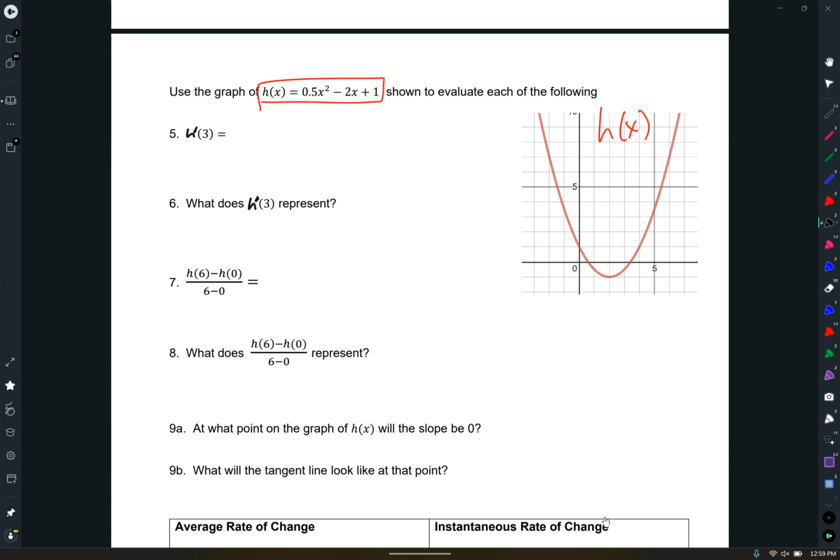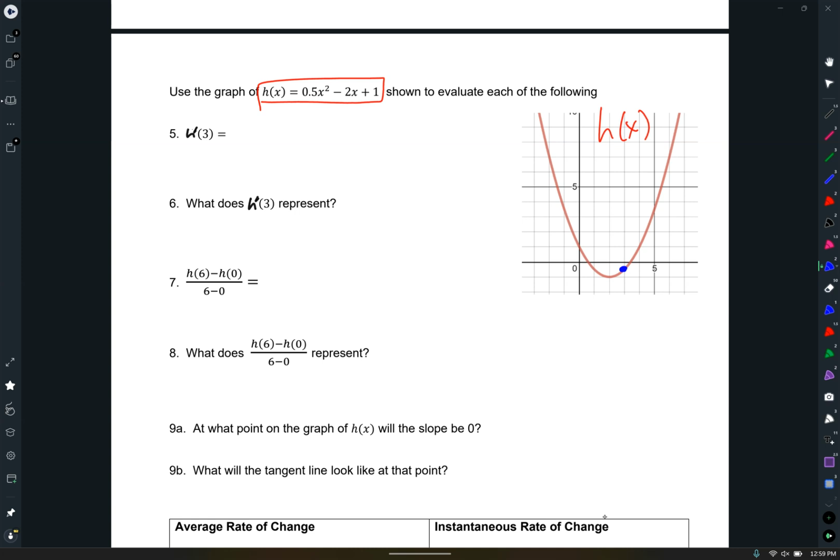Okay, so up to number 5, h prime of 3. Well, this is h. Here's 1, 2, here's where 3 hits the curve. I don't want to guesstimate the slope, so I'm going to use my equation up above.